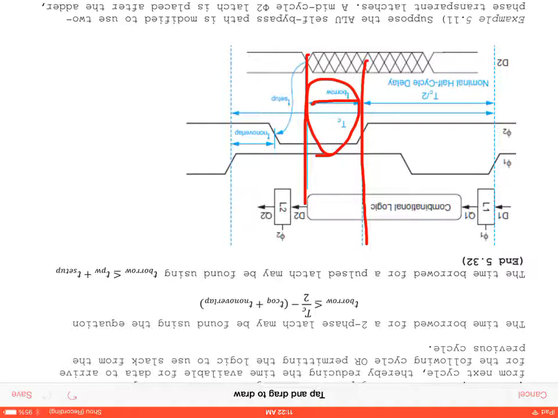So let's say for some reason you have some controller and you need to have some sort of longer combinational logic, right? You can try to borrow this time by having your phi 1 change earlier and then having the second phi change later, so that way you can take advantage of that if the situation permits.